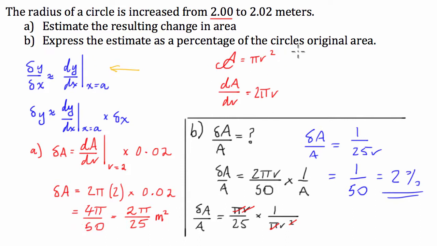For part B, it's a little bit more tricky, but essentially, to express the estimate as a percentage of the circle's original area, you get this small change in area and divide it by its original area, or A. So you get the formula that we worked out in part A, this one here, and you divide both sides by A. On the right hand side, we then substitute what A is in terms of r.